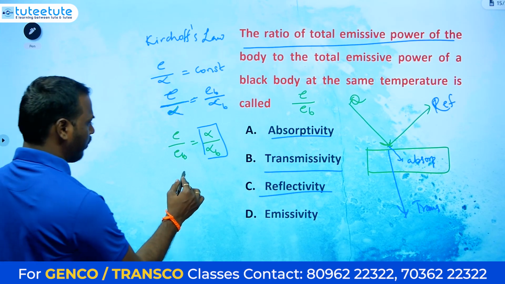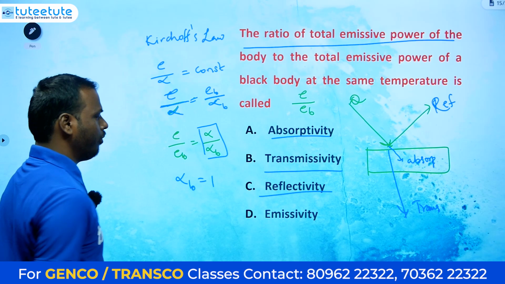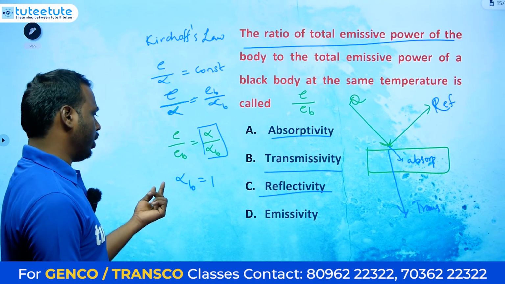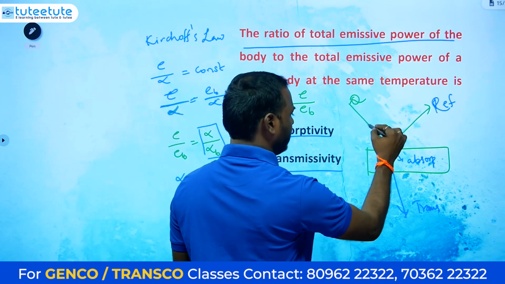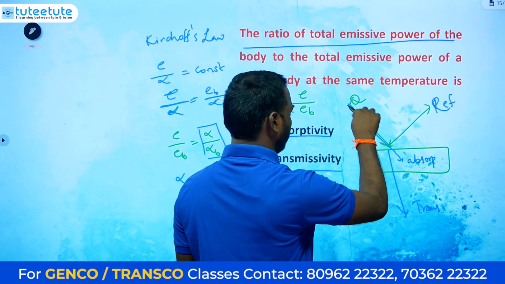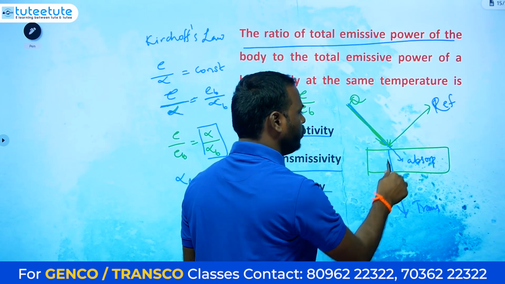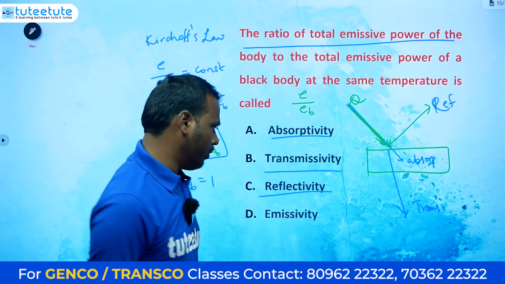Alpha B for a black body is equal to 1. Yes or no? For a black body, the absorptivity is equal to 1, because whatever the total incident ray, it will be absorbed by the black body.